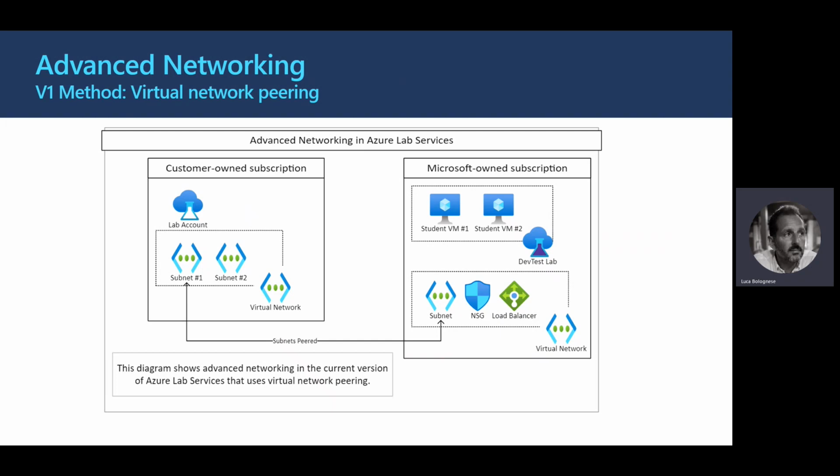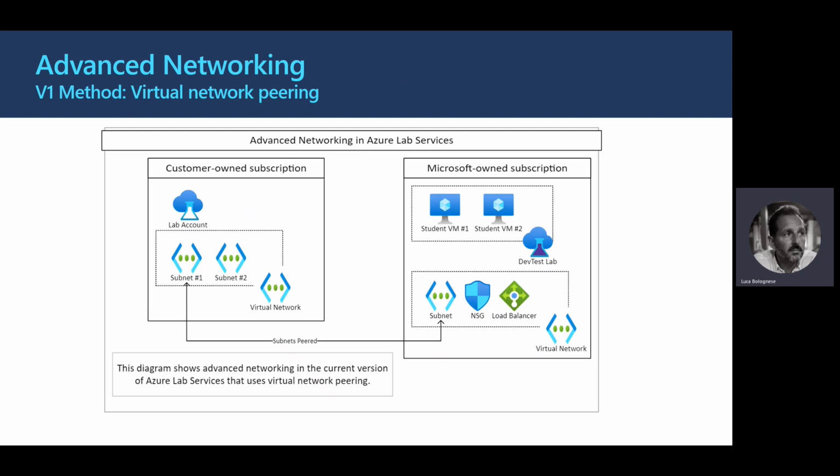And so by doing so, the VMs can communicate with resources that are in your own subnet. And that works rather well. It's very simple, but there are a few scenarios where that is not flexible enough.